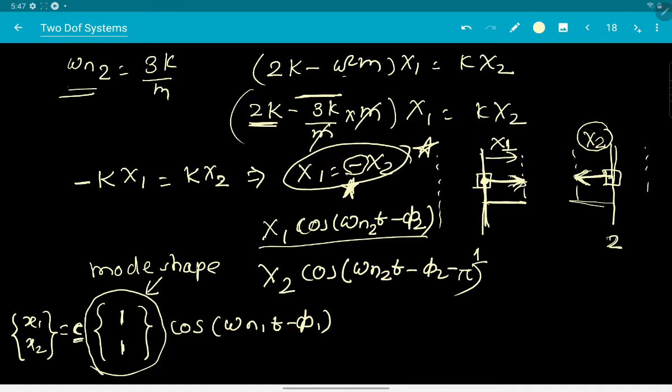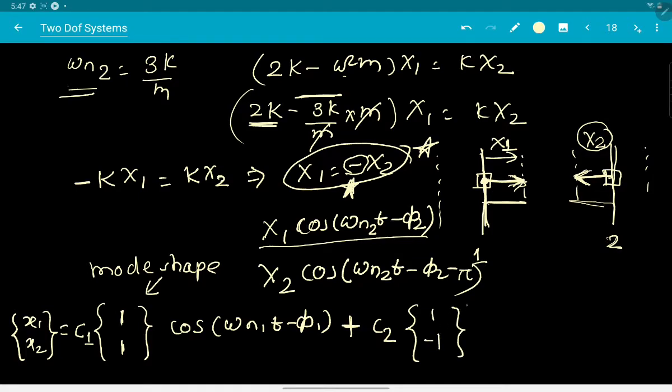Since one more thing is coming into the picture, I'll give it a subscript and call it c1. Now I'll also superpose the other solution that I have obtained, which is c2 times 1 minus 1.